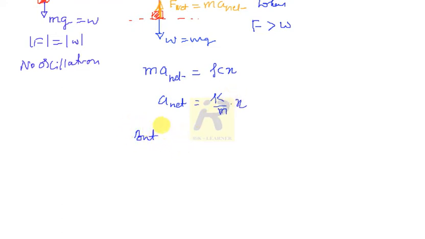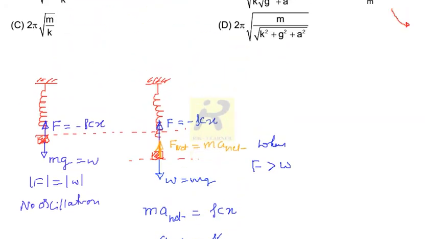But as we know, when this spring is released with this mass, the mass simply goes up and comes down. This will make a simple harmonic motion. In any simple harmonic motion, the net acceleration is always proportional to the negative of the displacement.